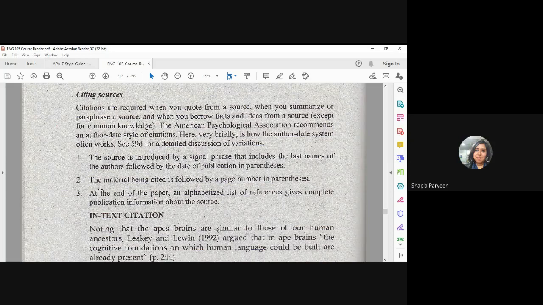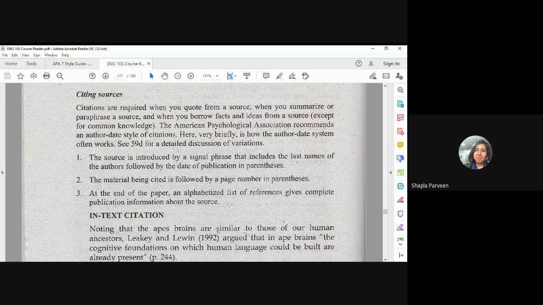The third point here is that at the end of the paper, an alphabetized list of references gives complete publication information about the source. So this is also a must, the reference list at the end. You have to organize it in alphabetical order based on the initial letter of the first author's last name.